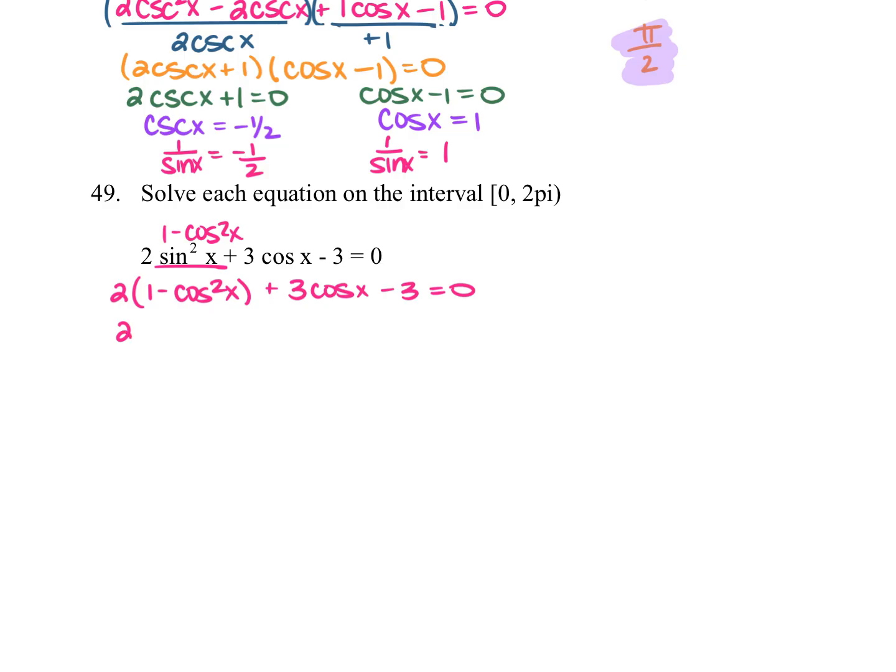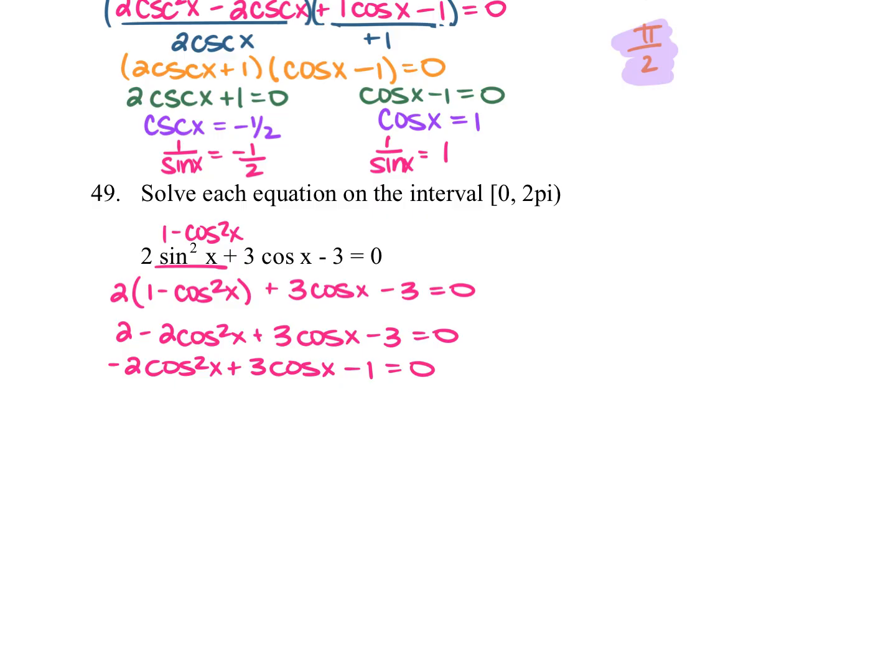This gives us 2 minus 2 cosine squared x plus 3 cosine x minus 3 is equal to 0. Your 2 and your negative 3 combine to give us negative 2 cosine squared x plus 3 cosine x minus 1 is equal to 0.